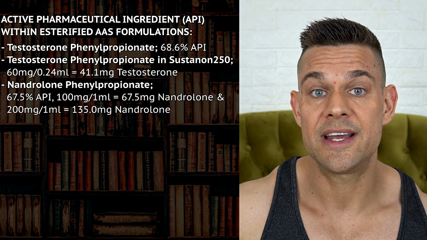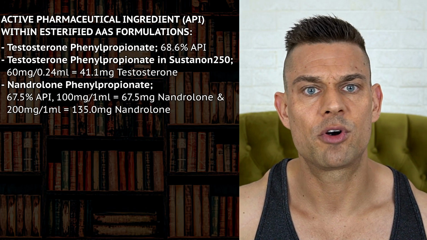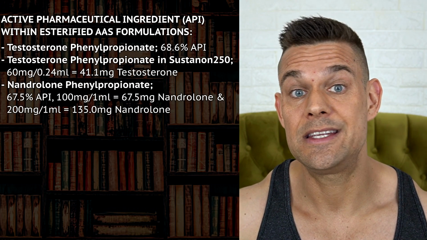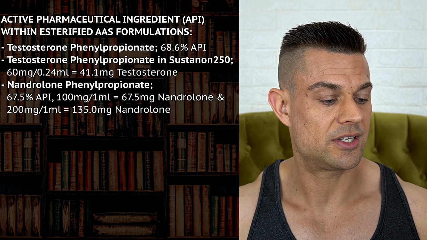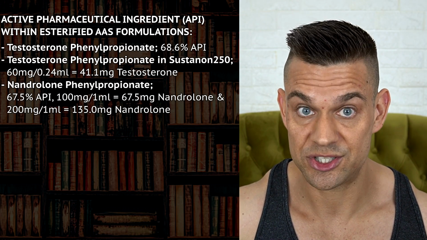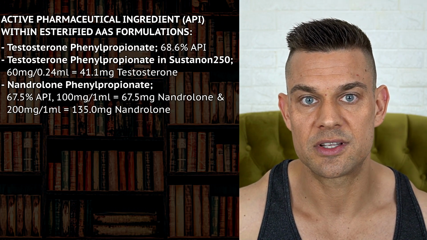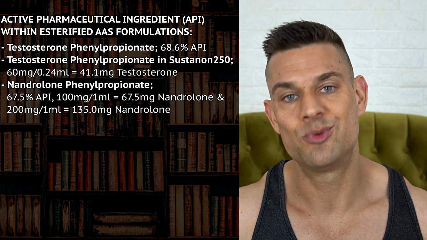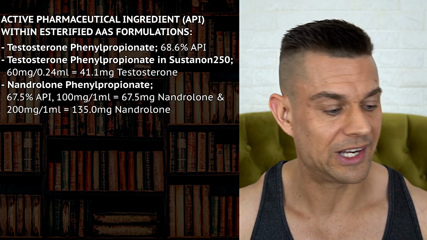Testosterone phenylpropionate, another compound found in Sustanon 250 and not really being formulated by itself. Sustanon 250 contains 60 milligrams of testosterone phenylpropionate, which is 68.6% actual testosterone. So that means that 60 milligrams test phenylpropionate contains 41.1 milligrams actual testosterone in the Sustanon 250 formulations.